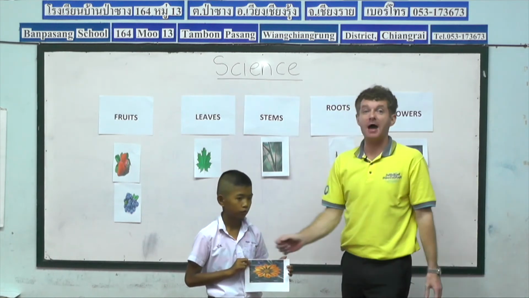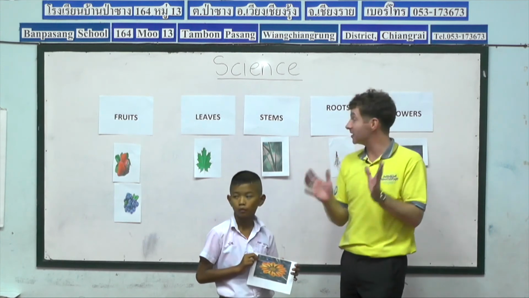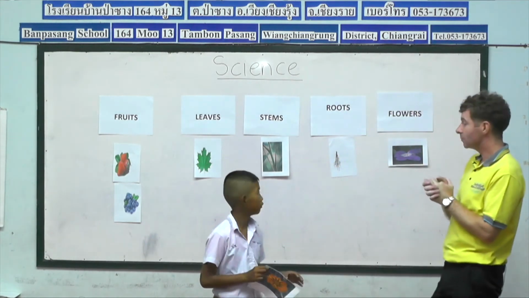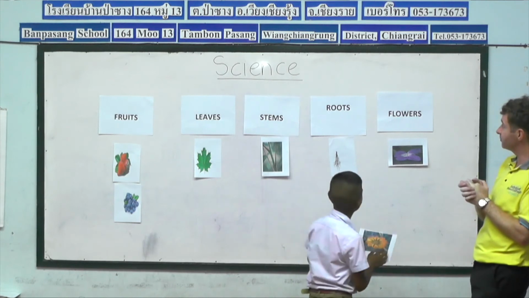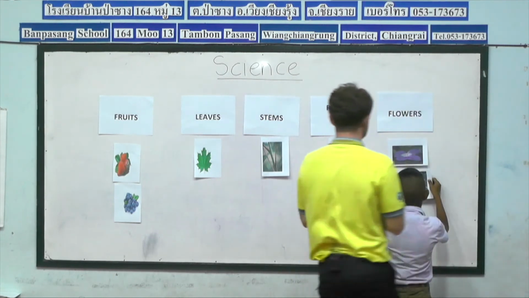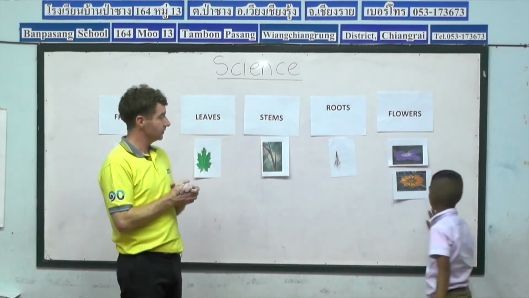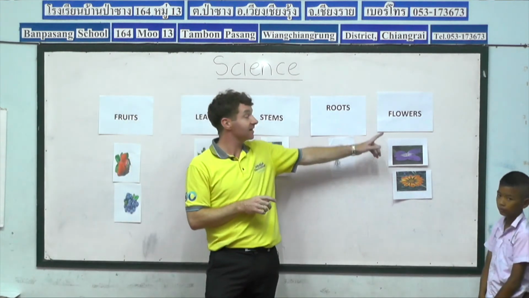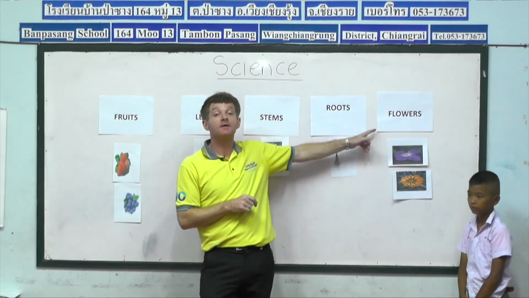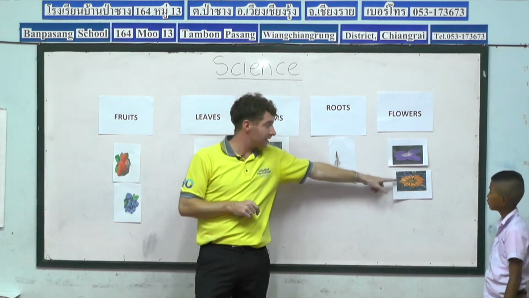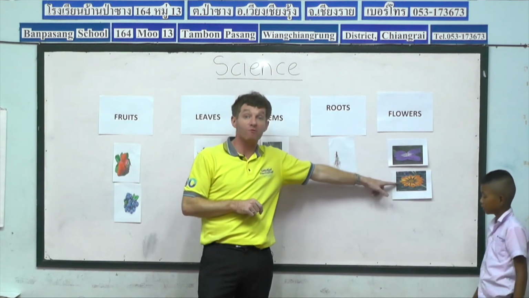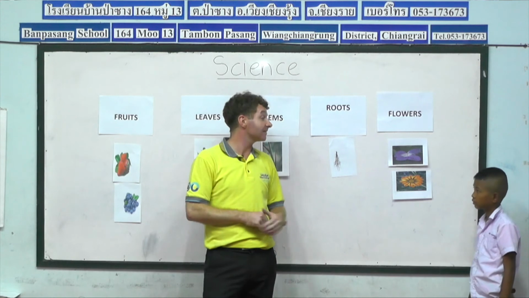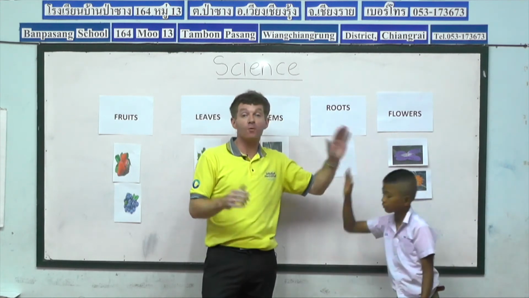And you can tell a flower usually by its pretty colours. So, Pat, what part of the plant is the flower? Excellent. So we can all say together, guys, flowers. Yes, and you can normally tell the flowers by the different and pretty colours. Pat, excellent. Big round of applause for Pat, guys.